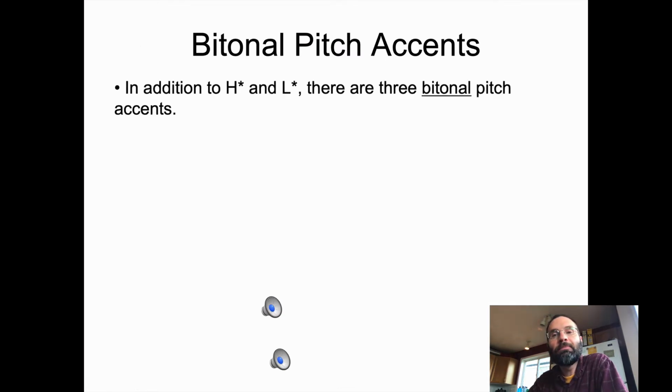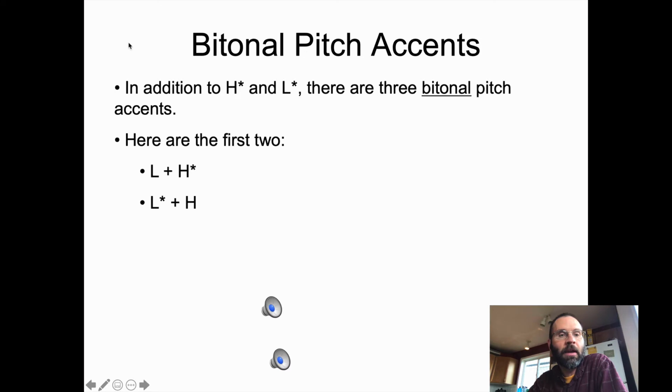There are 3 bitonal pitch accents in addition to H star and L star, and they make our life a little bit complicated. The first 2 are a little bit easier to understand because they both have a pattern of going from low to high, and the only difference between them is whether it's the high part of that pairing that is starred or the low part.